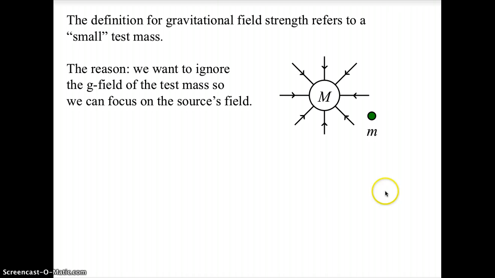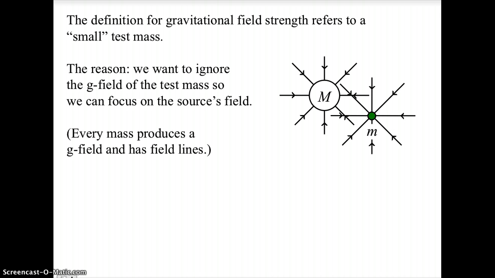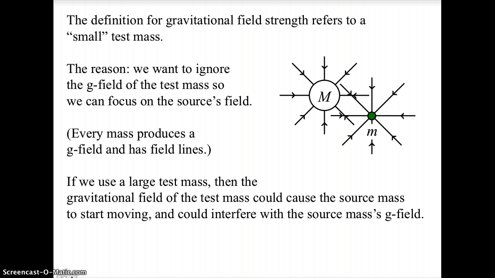It has a gravitational field, but we haven't been drawing it around the test mass. Really, we should draw the gravitational field lines because every mass has field lines. And in fact, if we used a large mass, then these field lines and the field would be noticeable.